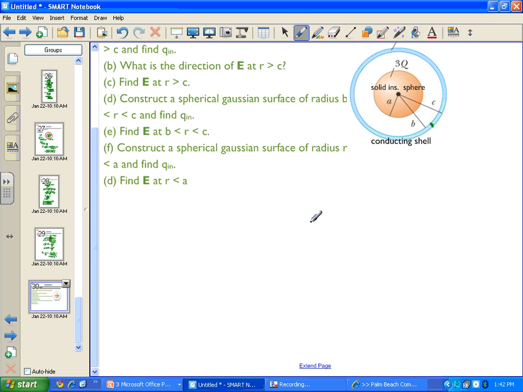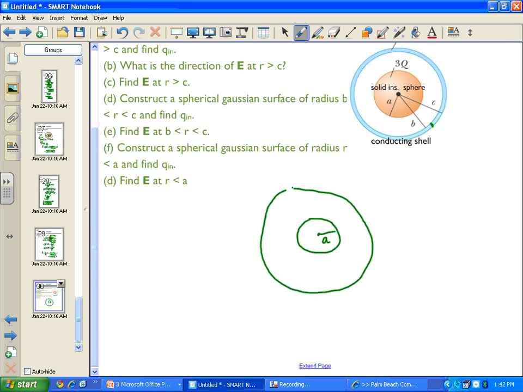Both of them carry a charge, except the solid sphere has the charge uniformly distributed over its volume, but the conducting shell has charge that can only exist along its surfaces. Why? Because it's a conductor. So any charge must exist along the surface, but we have an inner surface b and an outer surface c.